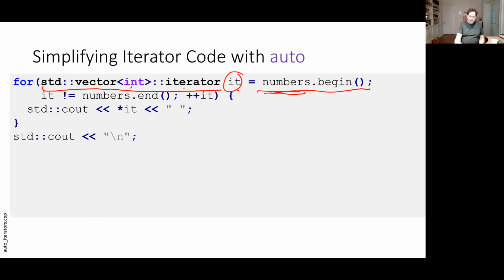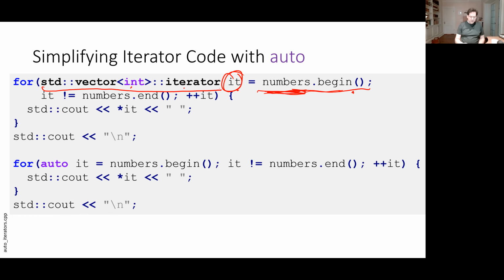Because this member function returns an iterator for the container class. So if the container class was vector of integer, this must return an iterator for a vector of integer. So that means the compiler can figure out what type this has to be. So you can use the auto keyword here. Okay, you can use it because you're immediately assigning something to it. So the compiler can say, what is the type of what you're assigning?